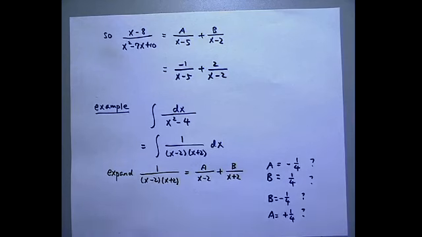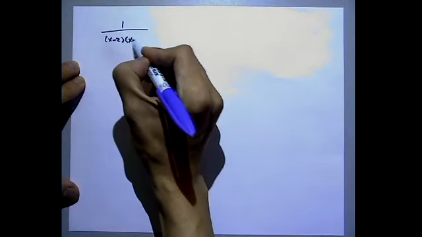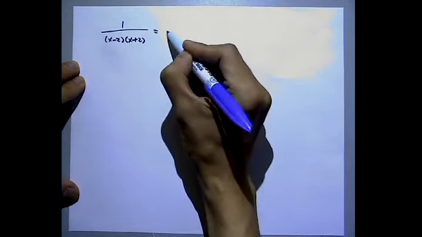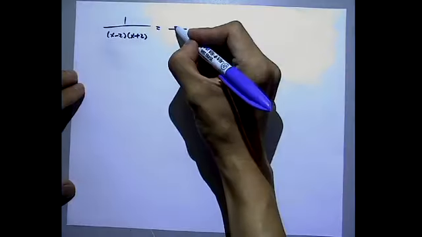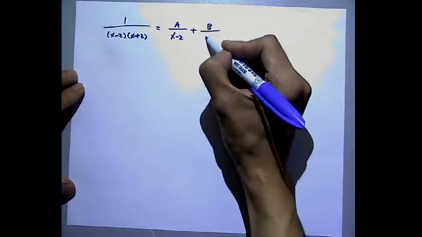All right, so let's go to a new page. So here's what we're trying to do. We're doing 1 over x minus 2, x plus 2 equal to a over x minus 2 plus b over x plus 2.